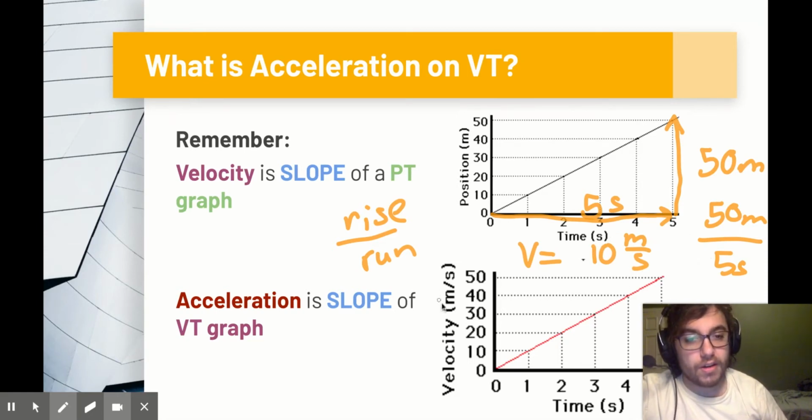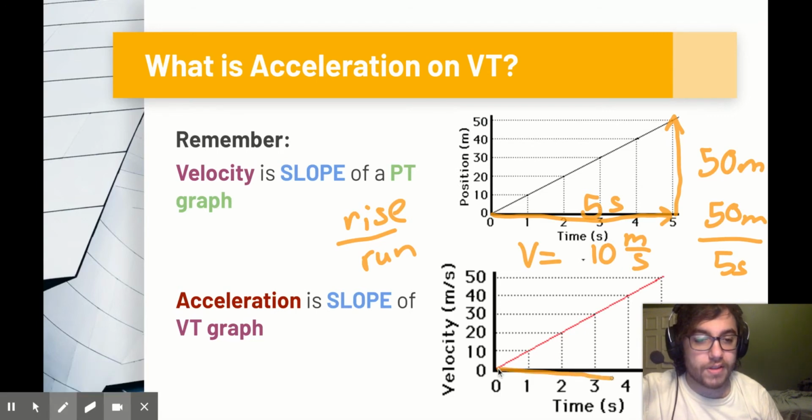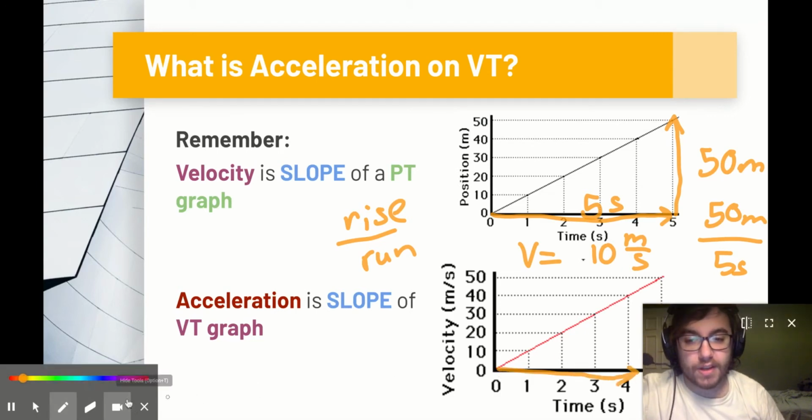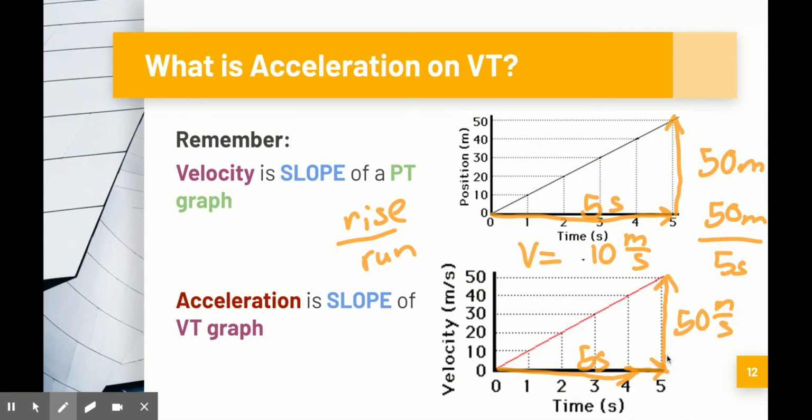Over here, you literally do the same exact thing as you did for the position versus time graph, only the difference is my face is covering this. The only difference is this time, instead of giving 50 meters, we get 50 meters per second for our rise.